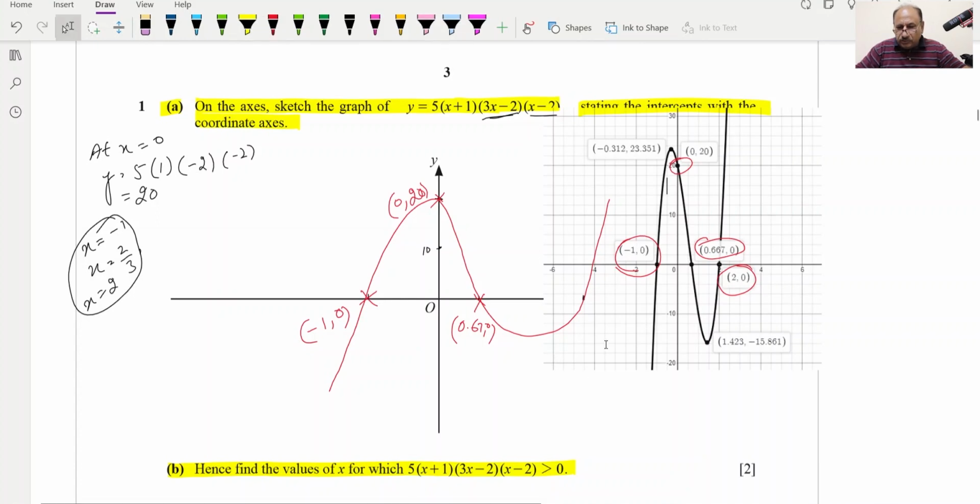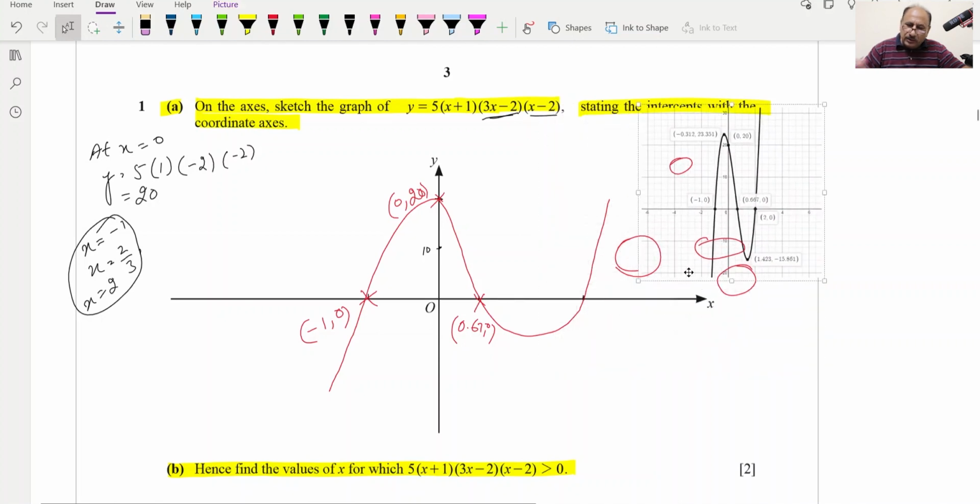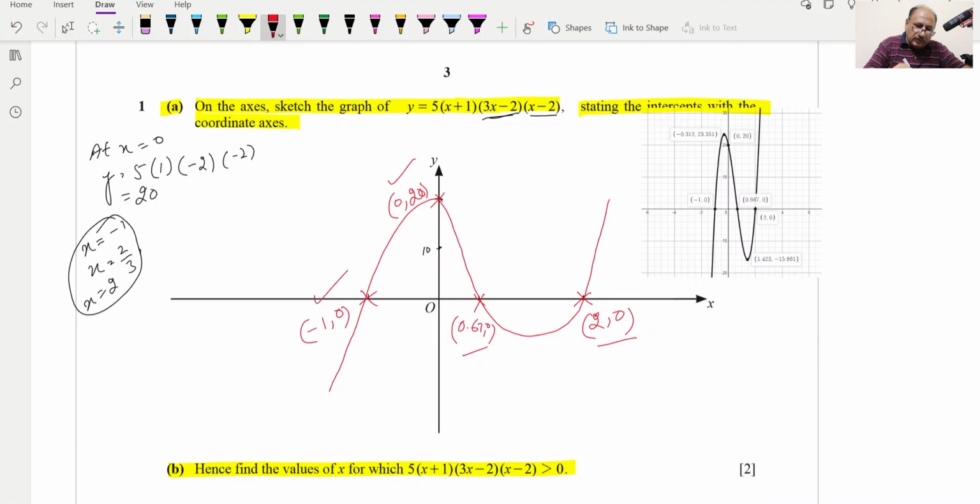So we have shown all these points, and this point also, which is 2 and 0. So we'll be showing 1, 2, 3 and 4 points.